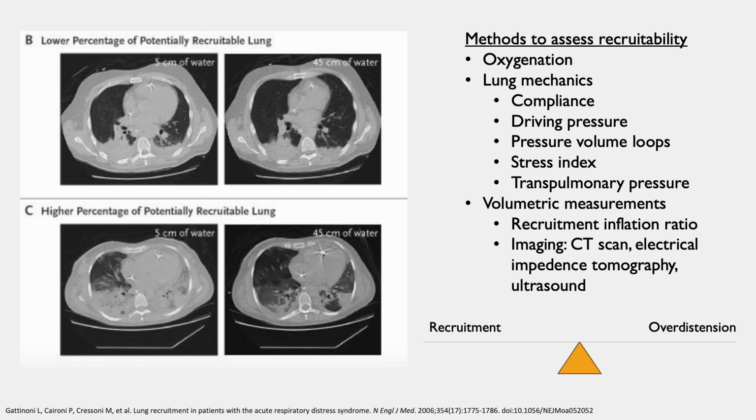Most of the lung mechanics-based methods aim to optimize lung compliance based on the premise that compliance improves with successful recruitment and therefore worsens when over-distension of existing aerated lung units takes place. Methods based on lung mechanics can only be done in patients who are passive on the ventilator with deep sedation or even neuromuscular blockade.